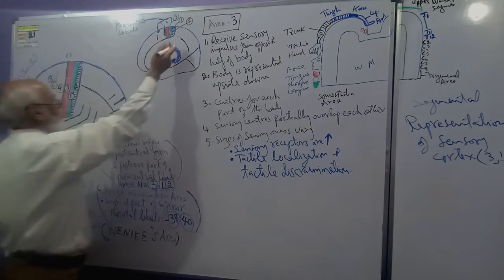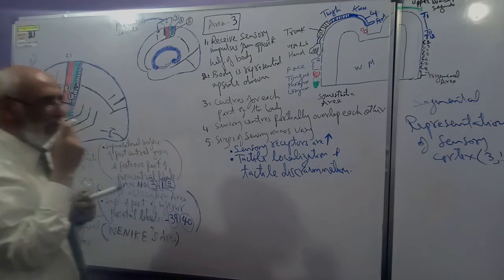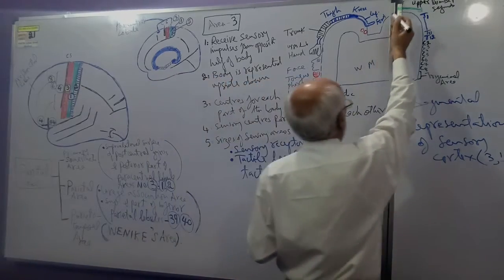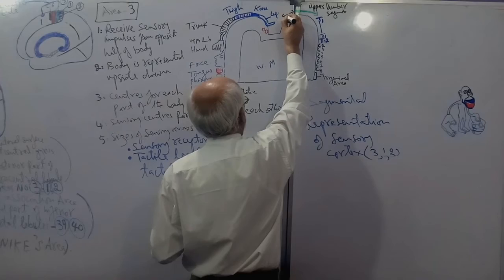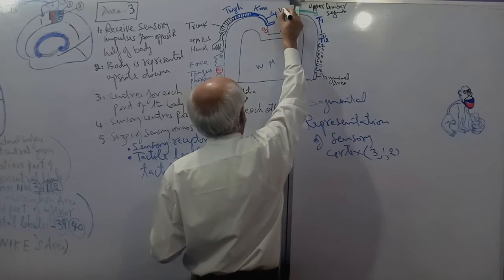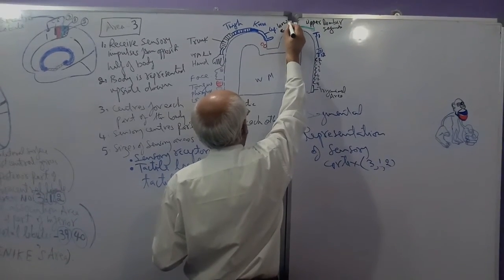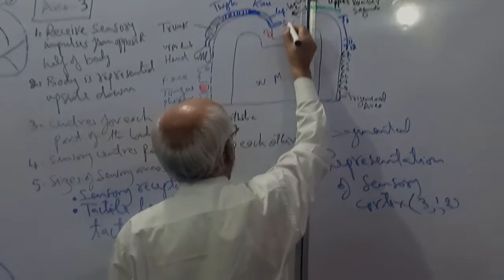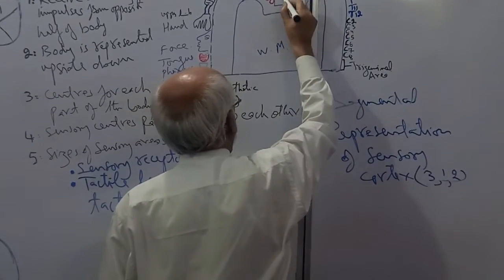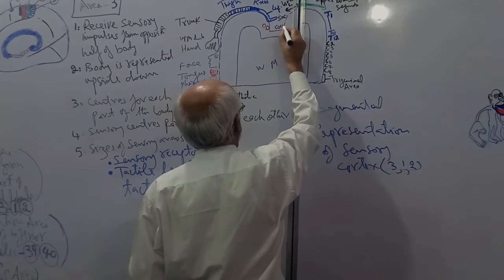Then it continues on to the posterior part of the paracentral lobule, where will be the lower lumbar segments. Then sacral segments, and then coccygeal segments.